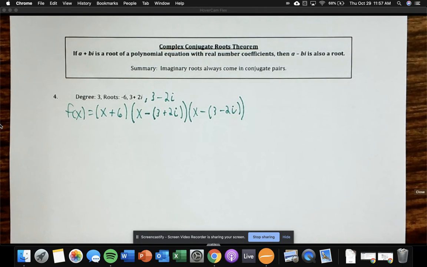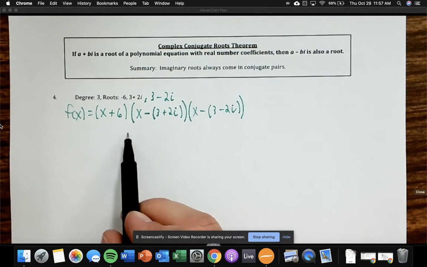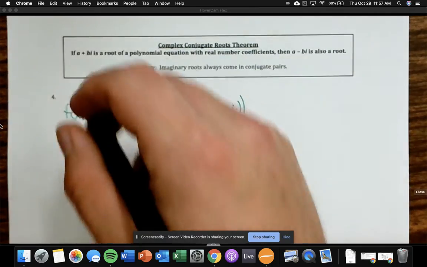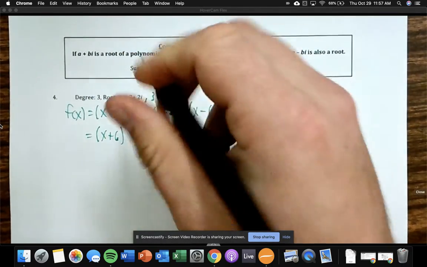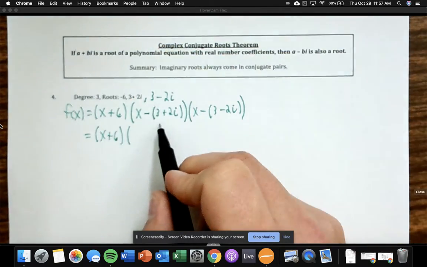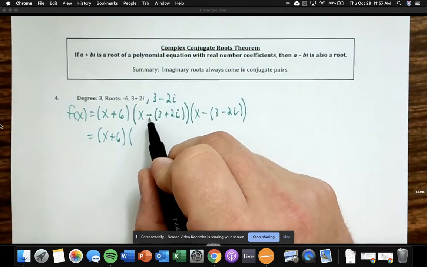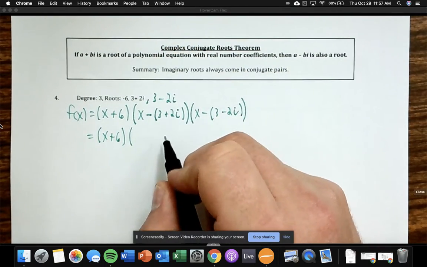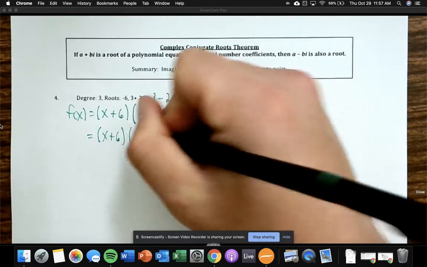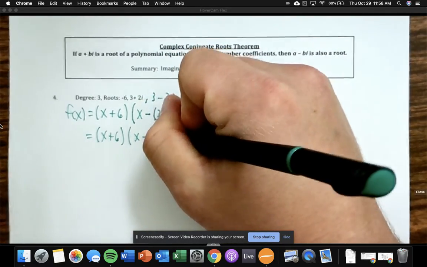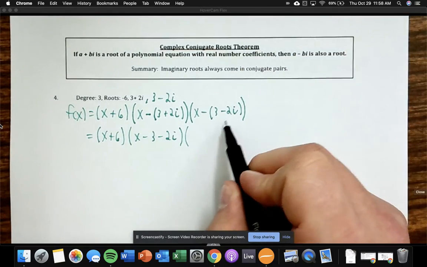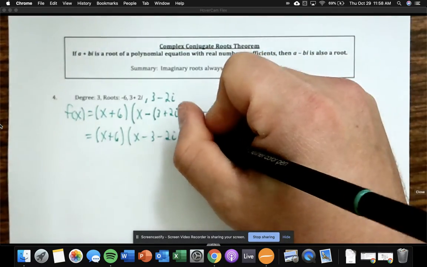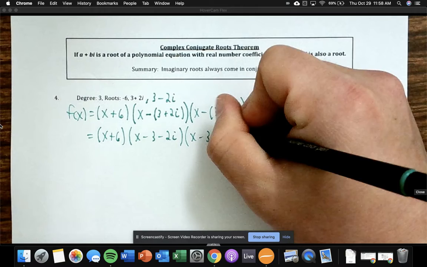We can clean this up a little bit so there are not as many parentheses. We have x plus 6 times x minus, and we have to remember to distribute this minus into the problem, so x minus 3 minus 2 times i. And the same with this, distributing this minus, we have x minus 3 plus 2 times i.